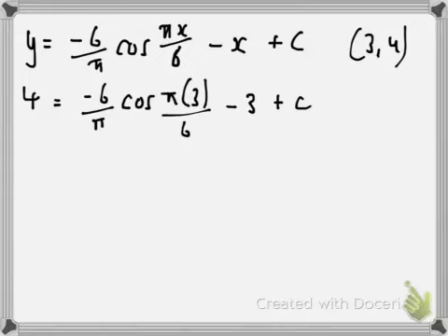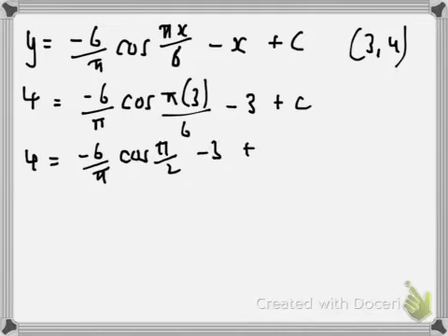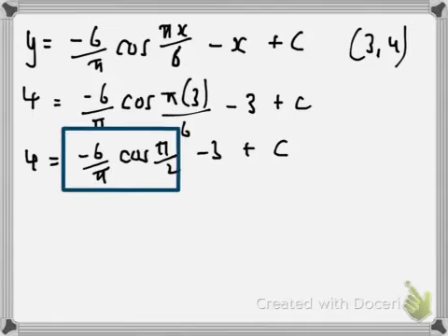Alrighty. So 4 equals negative 6 on π, cosine of 3π on 6 is π on 2, minus 3 plus c. Now, cos π on 2 is actually 0. Right, so that makes this whole expression here 0. Okay, so cos 90, cos π on 2 is 0. So negative 6 on π multiplied by 0 is 0.